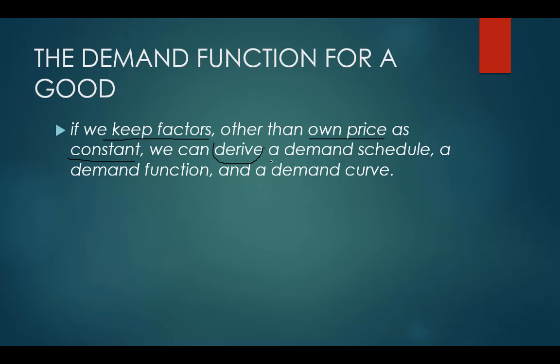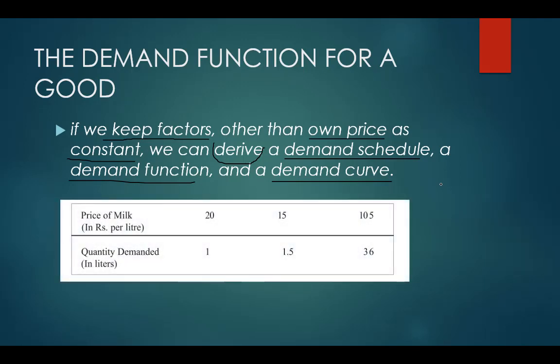In any particular situation, if we keep factors other than own price as constant, we can derive a demand schedule, a demand function, and a demand curve. A demand schedule lists the various quantities of a good, which a potential consumer buys from the market at different prices, observed at a given moment of time. Its tabular representation would be as follows.